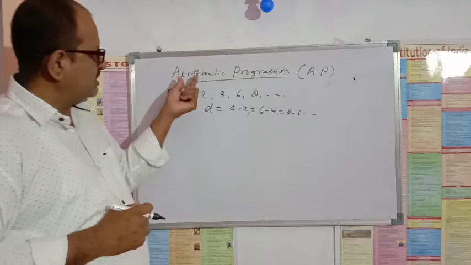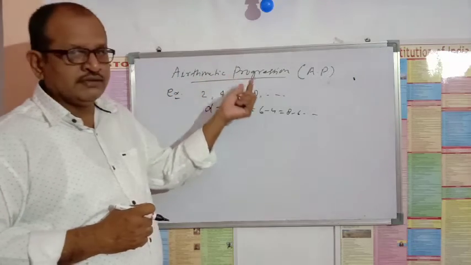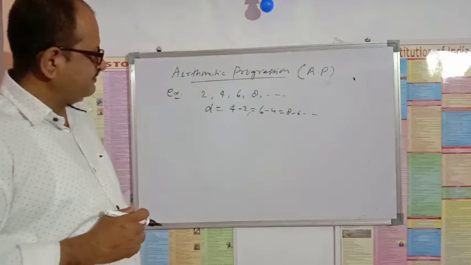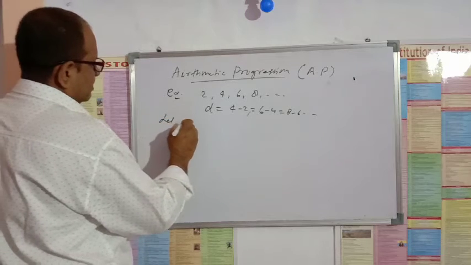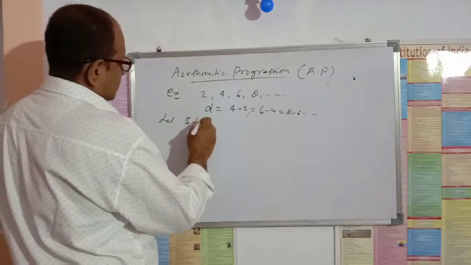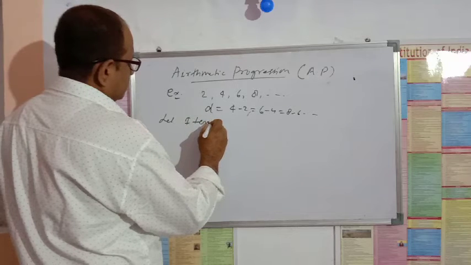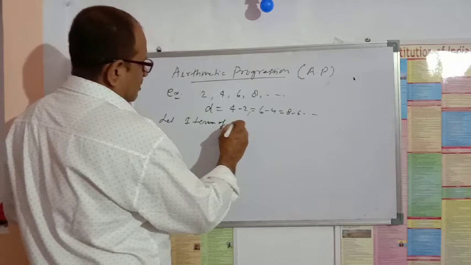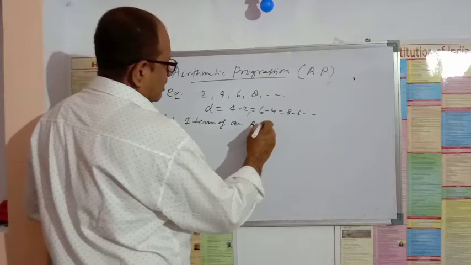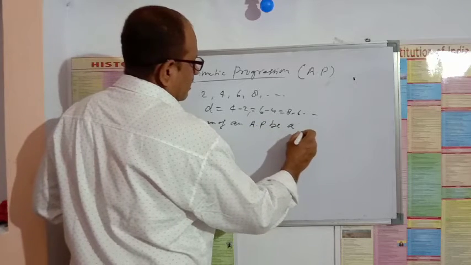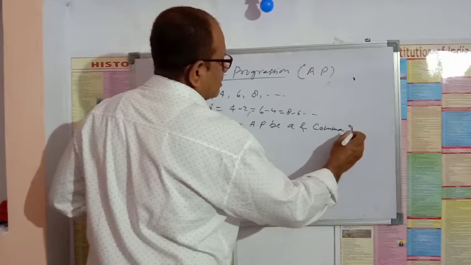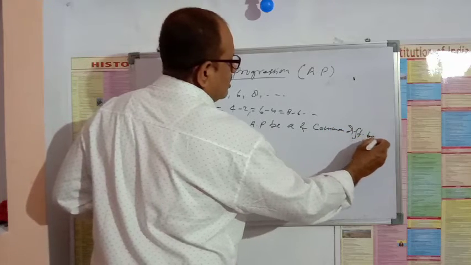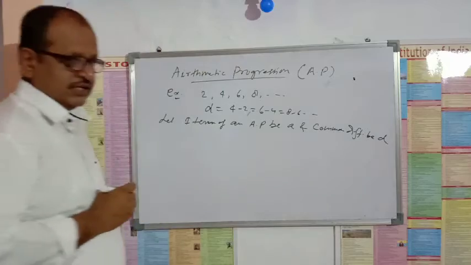Now we have to derive the general formula for the nth term. Let the first term of an AP be a and the common difference be d.